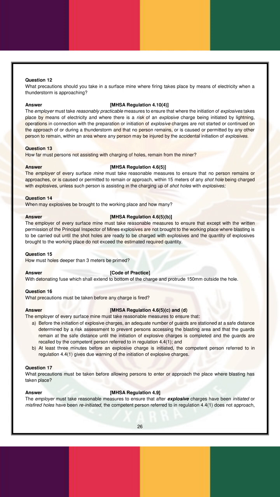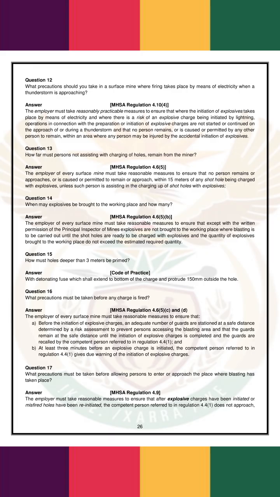The employer must take reasonably practicable measures to ensure that where the initiation of explosives takes place by means of electricity, and where there is a risk of an explosive charge being initiated by lightning, operations in connection with the preparation or initiation of explosive charges are not started or continued on the approach of or during a thunderstorm, and that no person remains or is caused or permitted by any other person to remain within an area where any person may be injured by the accidental initiation of explosives.